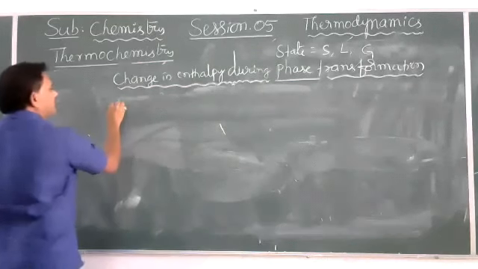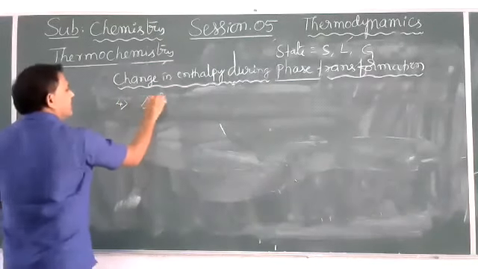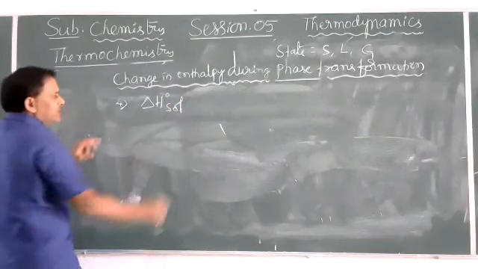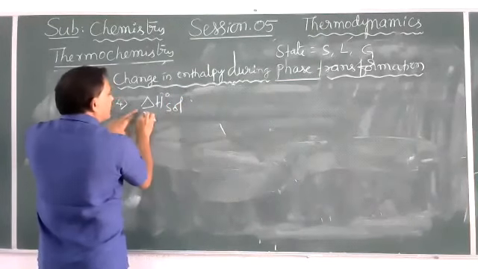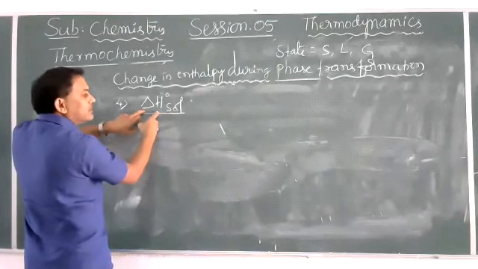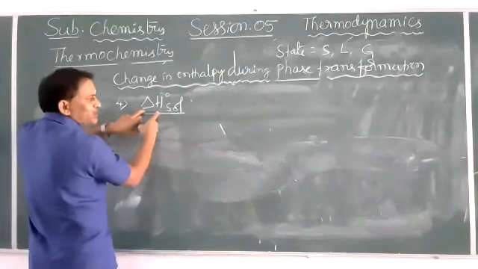Another important term is enthalpy of solution. The enthalpy of solution is the change in enthalpy that occurs when 1 mole of ionic crystal is dissolved in an aqueous solution.